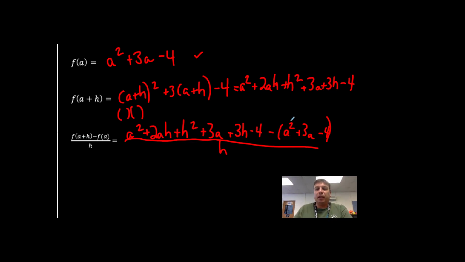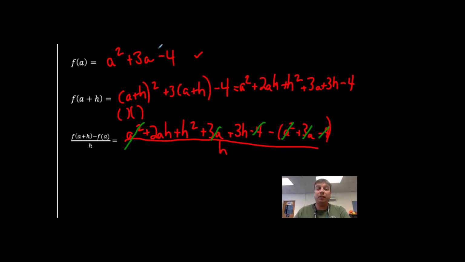So this is going to be a negative a squared. That's going to be a squared. Let me get a different color here so I can start crossing things out that are going to go away. So that's going away. That's going away. I have 3a minus 3a. Gone. Gone. Minus 4 minus negative 4. So remember, minus a negative is the same as plus. So that's gone, and that's gone.